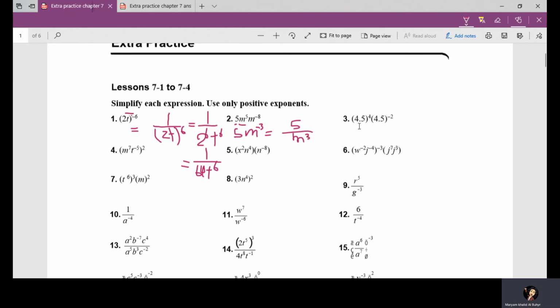Now, once you look at this one, the same base, add the powers. So that will be 4.5, all this to the power 2. Just calculate this one. 4.5 times 4.5, so 4.5 to the power 2 will give you 20.25.